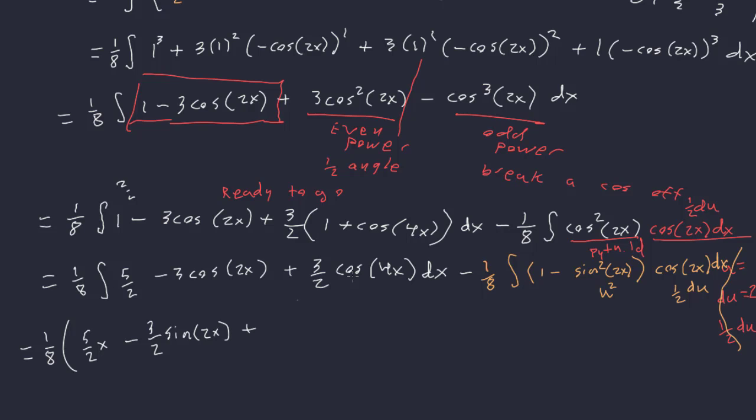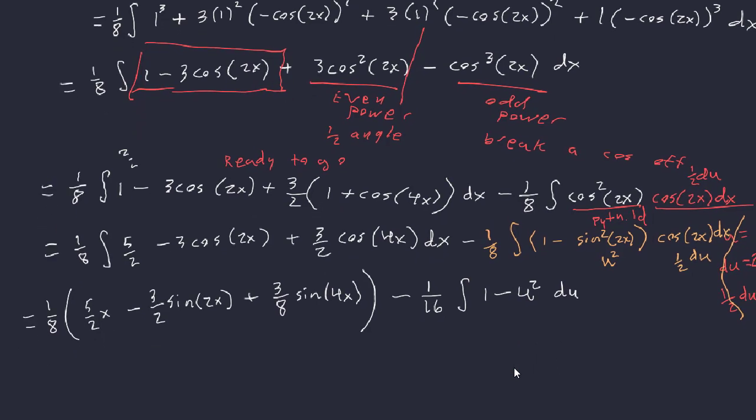Then here we'll just do a 1/4 instead, so it'll be 3/8 sine of 4x. Then here, when we set up the u substitution, the 1/2 du, I'll bring that 1/2 outside, so it'll be 1/16 integral of 1 minus u squared du.